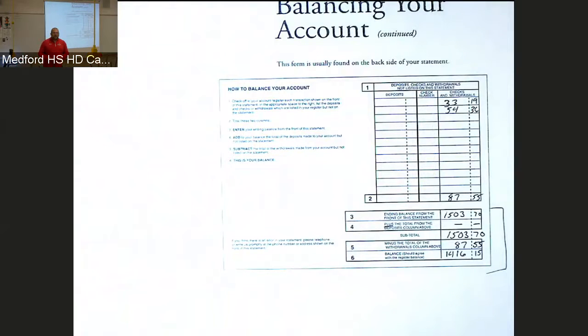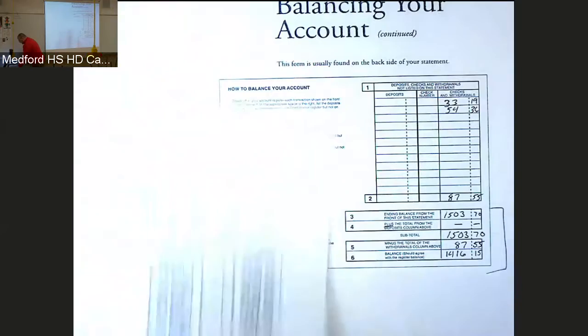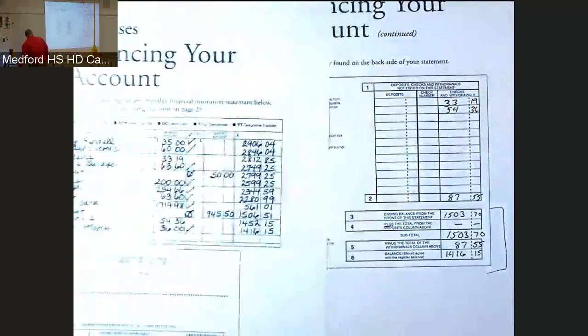Now, when everything is said and done, if we did everything right and did all the math in our register, this ending balance, our reconciled balance, should be the same amount that we have in our register. And in this case, it is.